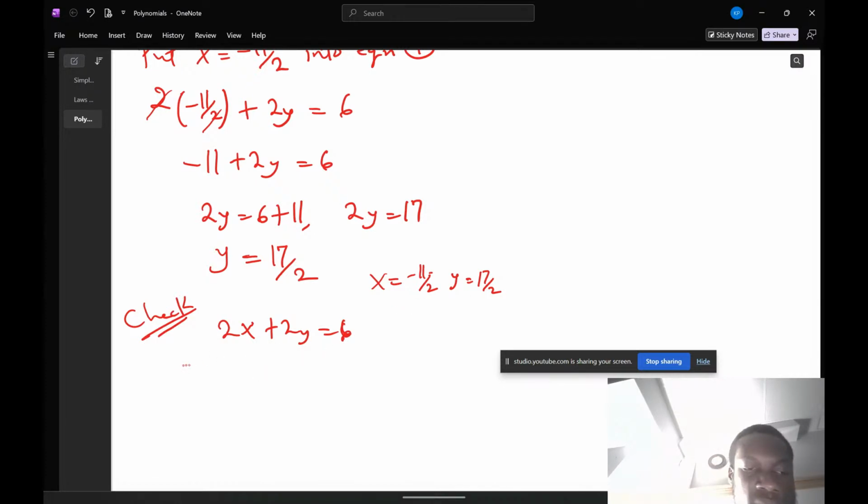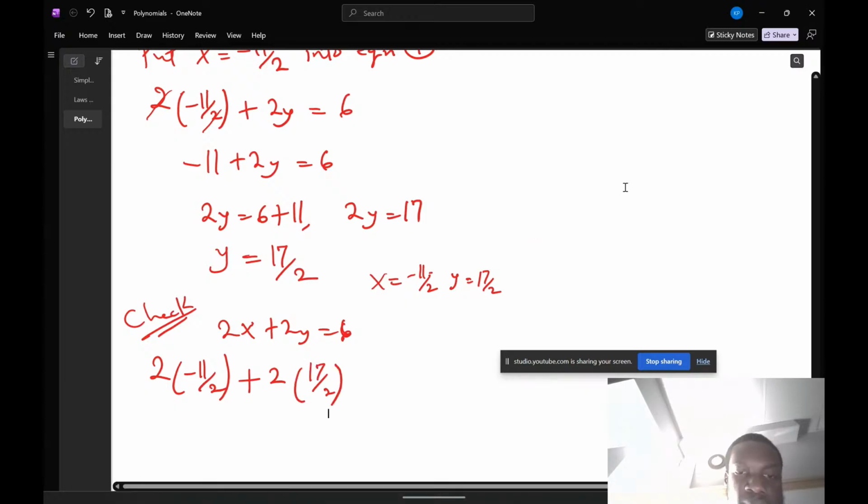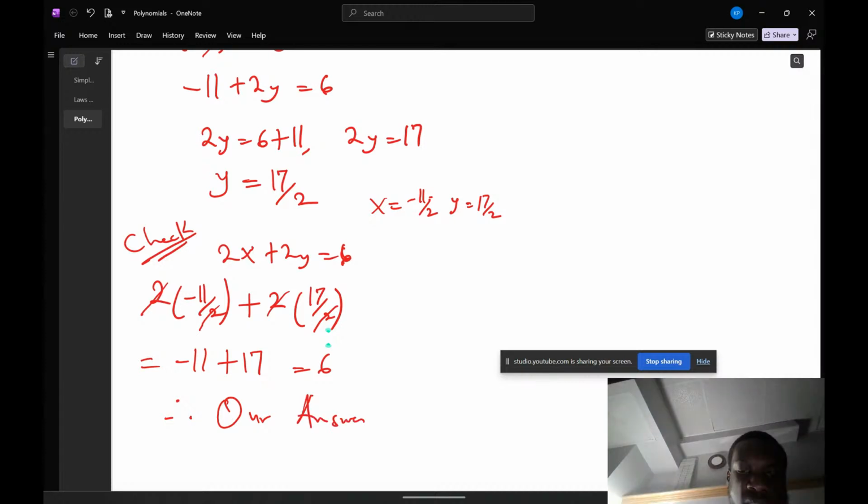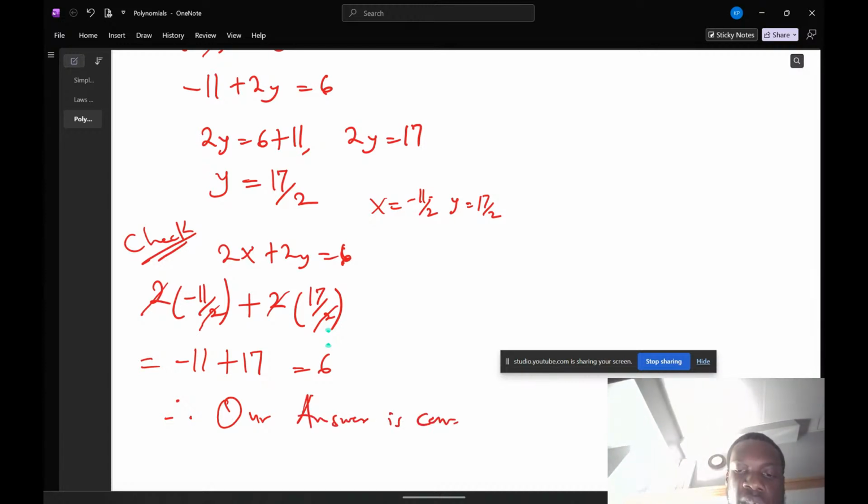We must get 6. So that will be 2 into minus 11 over 2 plus 2 into 17 over 2. The 2s cross out each other. So that will be minus 11 plus 17. 17 minus 11 will give us 6. So therefore, we can say that our answer is right. Our answer is correct.